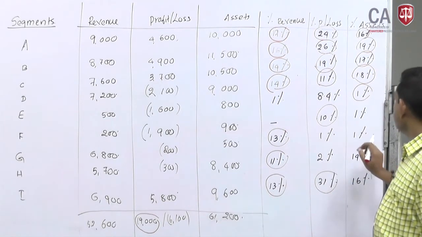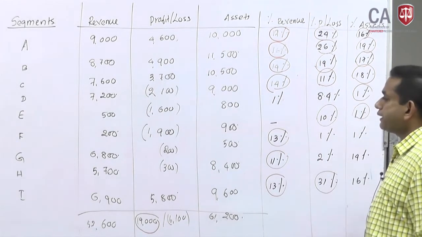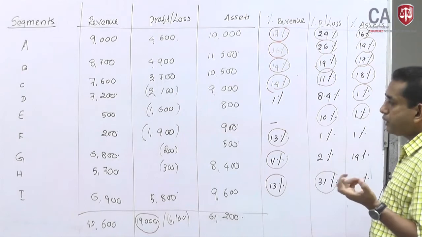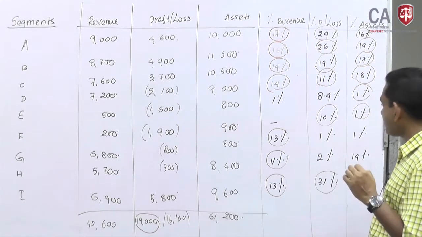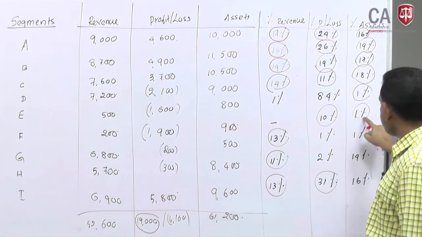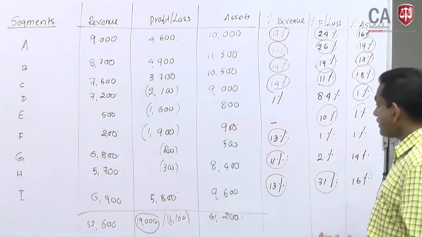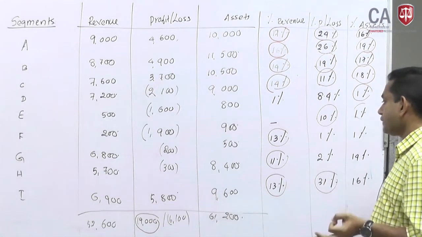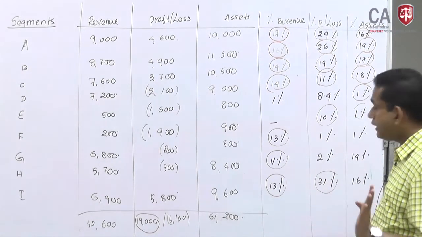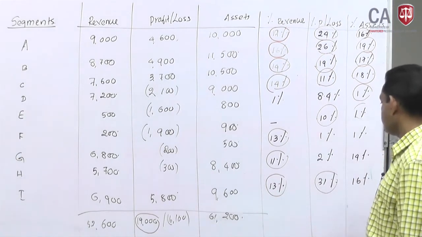F is just 1%, but that does not matter because F has already become a reportable segment by satisfying the second quantitative threshold. G has already become a reportable segment by satisfying the first quantitative threshold, but it does not satisfy the remaining two, but it does not matter.